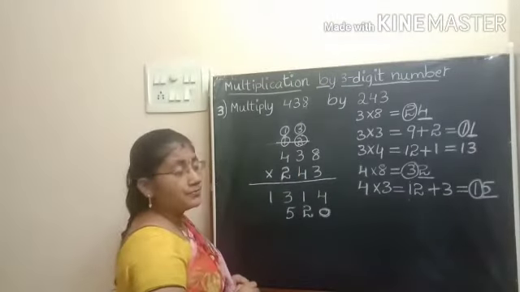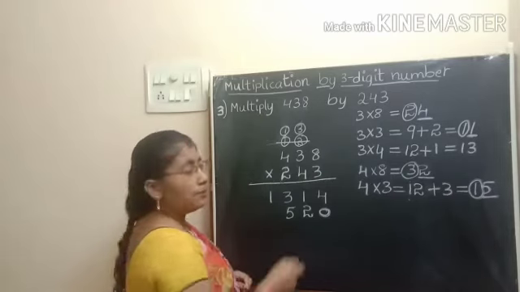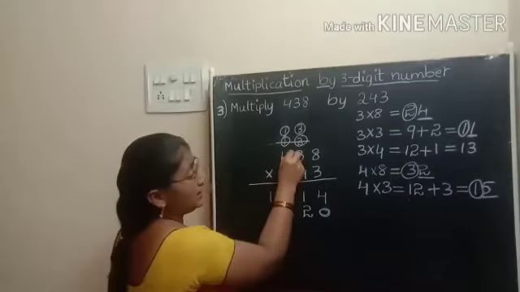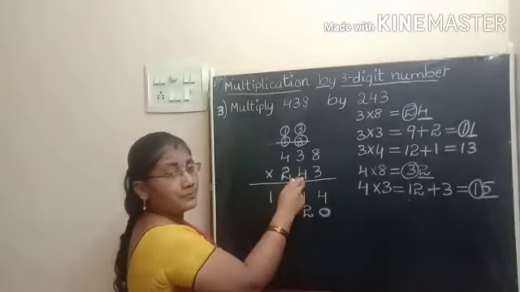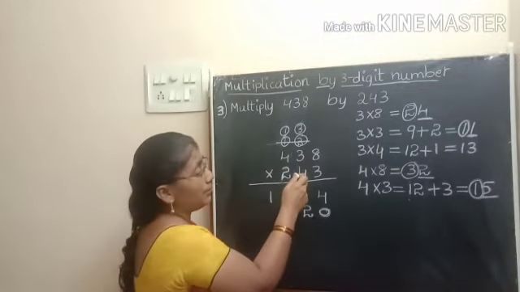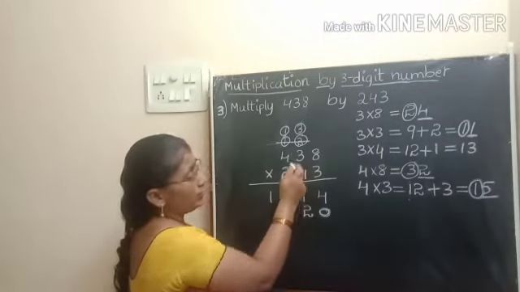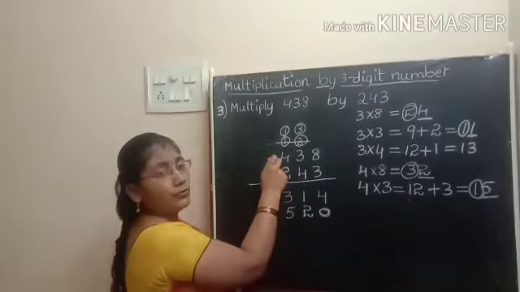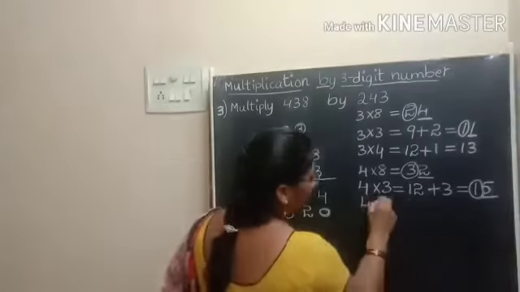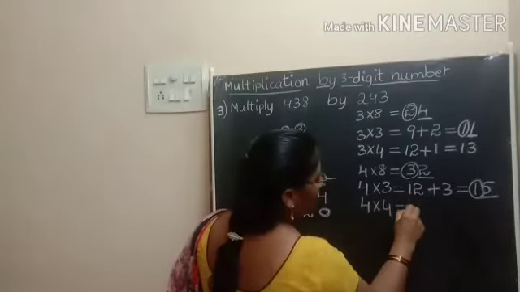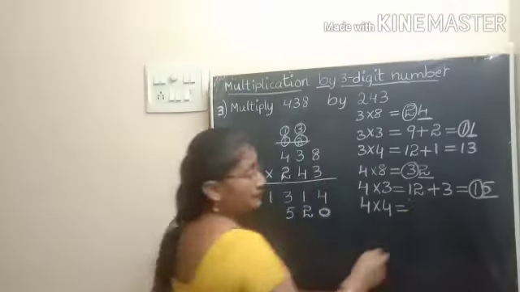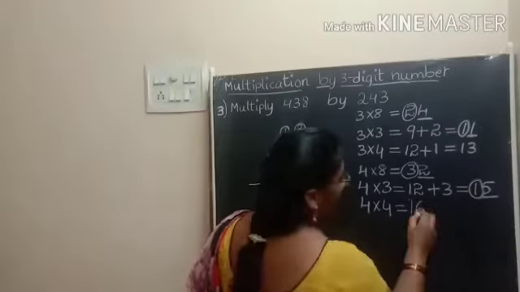Understood, children? Now we have to multiply the digit in hundreds place with 4. We already completed 4 into 8, 4 into 3. Now we have to take 4 into 4. How much it is? 4 4s are 16.